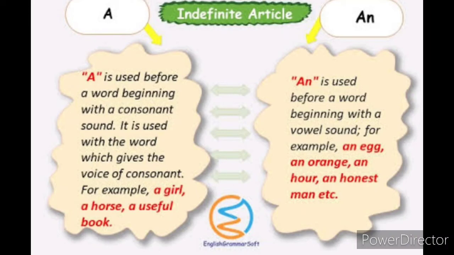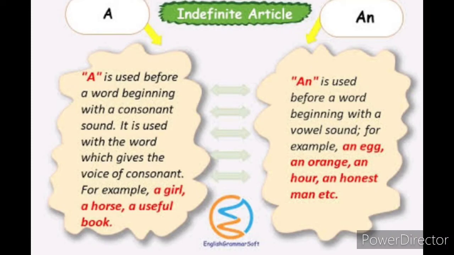So a is used to represent not specific but general objects. So the indefinite article a is used before consonant sound words, and it must be used to express general objects. The examples are a girl, a horse, a useful book.